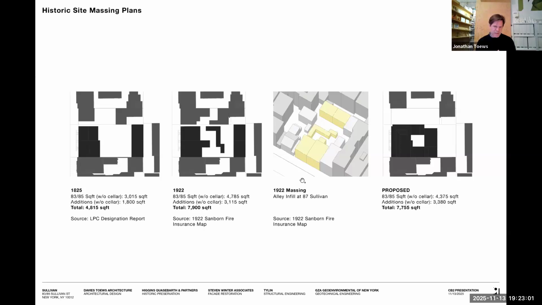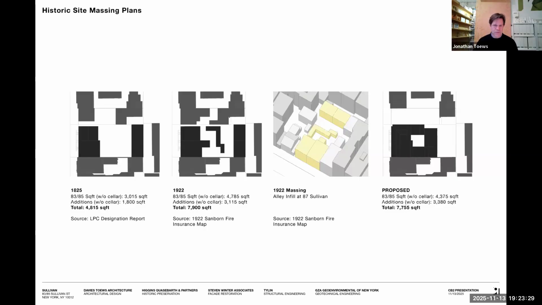The third image is an axon view of the same. And on the right is our proposed first floor plan. You can see the courtyard between the addition and the original building. The total proposed above ground square footage is slightly less, from what we can tell in the records, than the condition in 1922. So in terms of what was visible square footage on this lot, we're within that, slightly under.